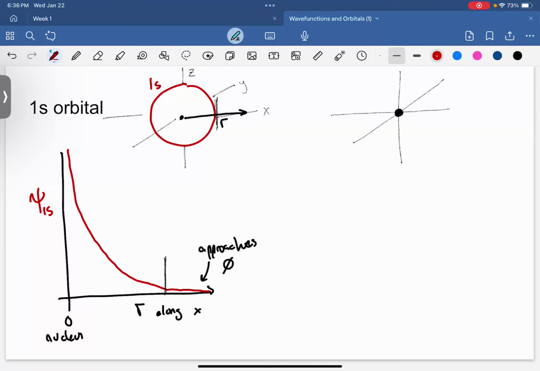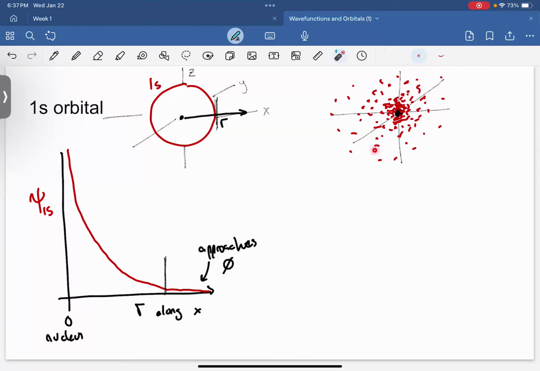And so we know that it's largest near the nucleus and then it tails off. So if I were to do this by showing the magnitude with dots, I would have lots of dots near my nucleus. And then it would gradually decrease the further out we go as this function gets smaller and smaller.